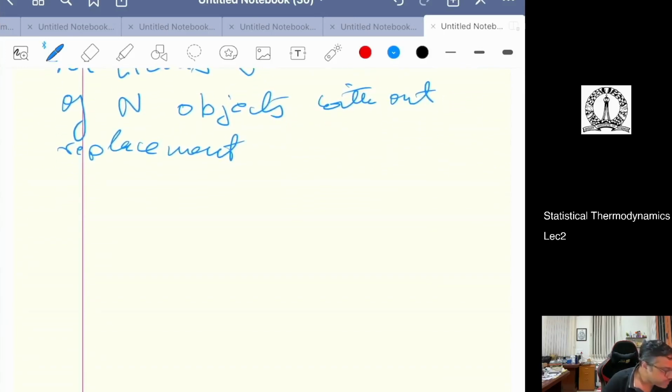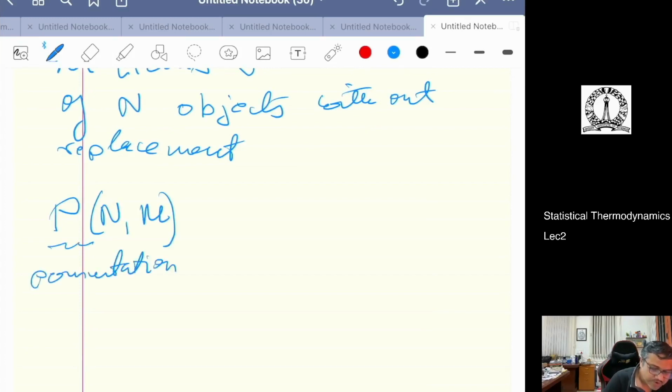So permutations, if we write P as a permutation of n objects, m items taken out, right? So these are permutations. This is given as n.